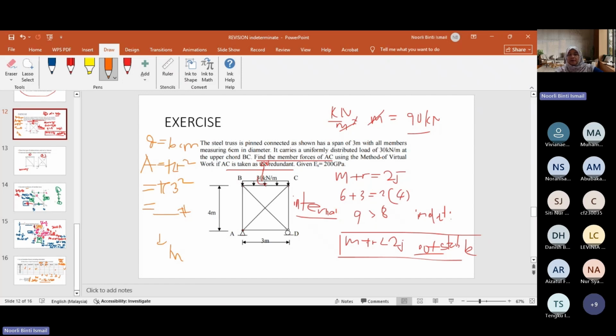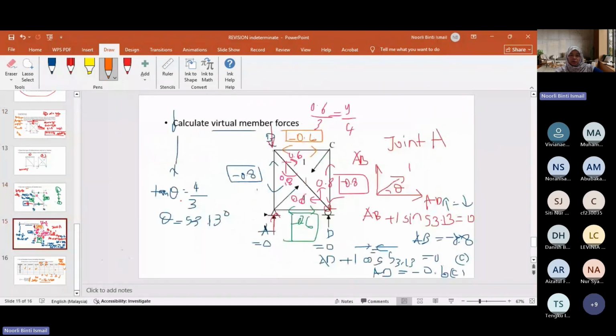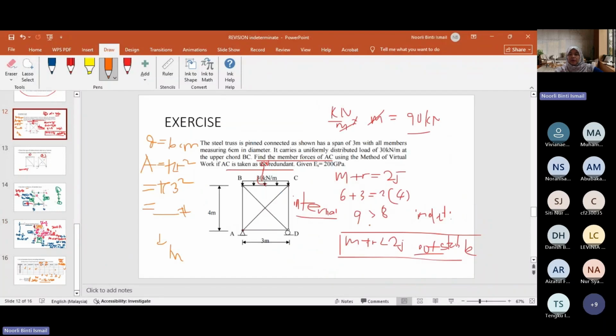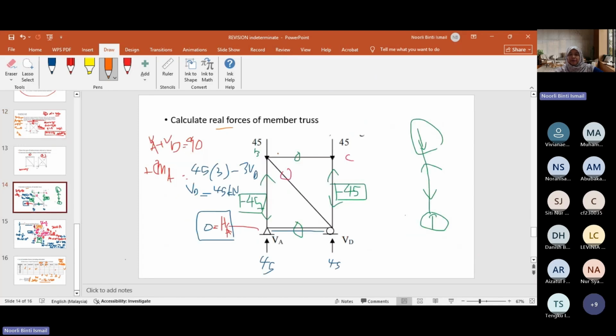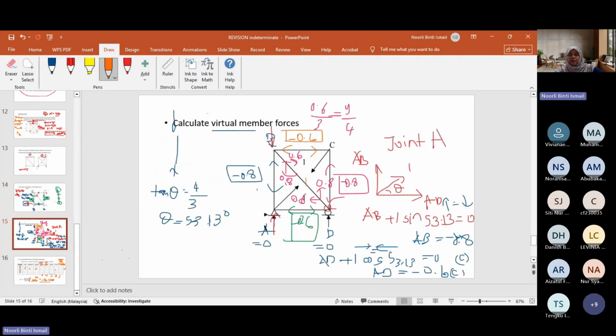So when you got 2 degree, 3 degree, 4 degree, your member forces will have more, not just 2. If you have 1 redundant, your forces will have 2: 1 force set for real, 1 for virtual.